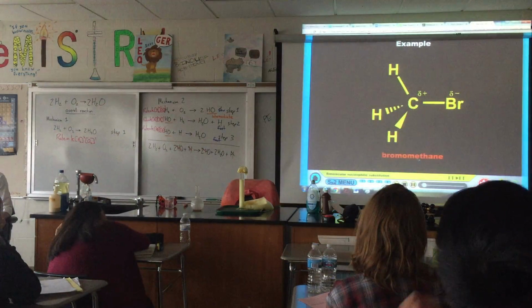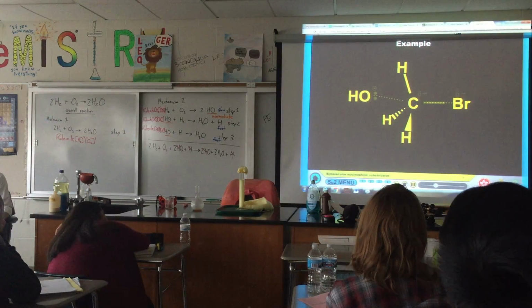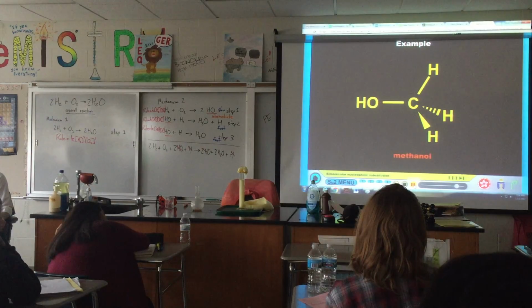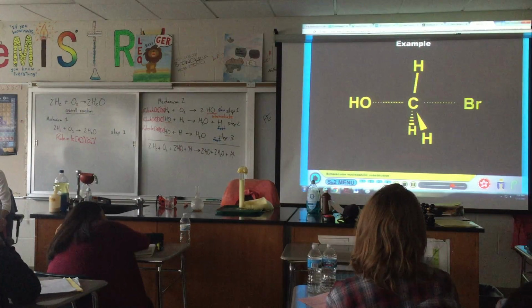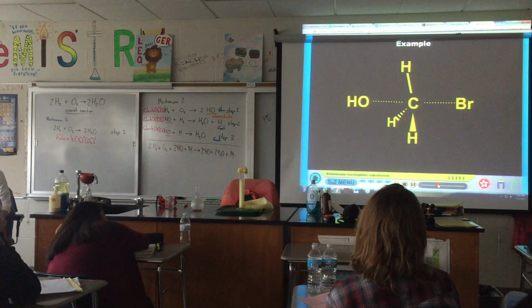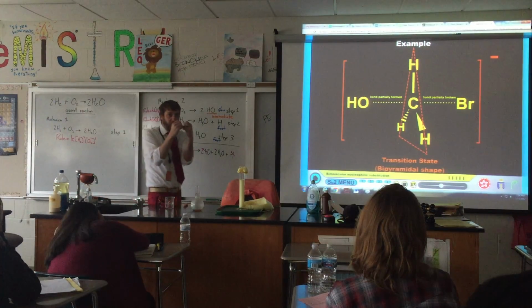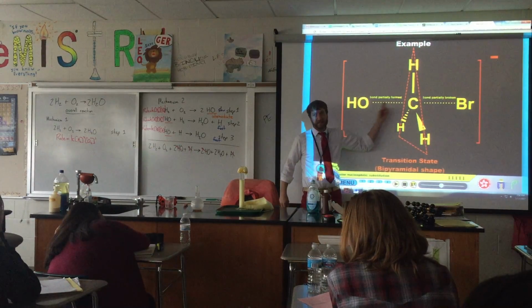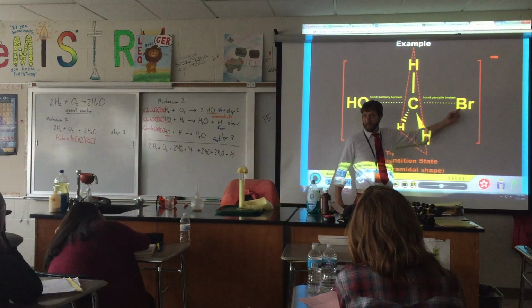But here's a better example. We have bromomethane. We have an OH coming in here. The OH collides with the bromomethane and eventually sends that bromine off. But what they're showing us here is that for a brief period of time, once those particles collide, we're in the process of forming this eventual bond here, but we haven't exactly broken this bond here.